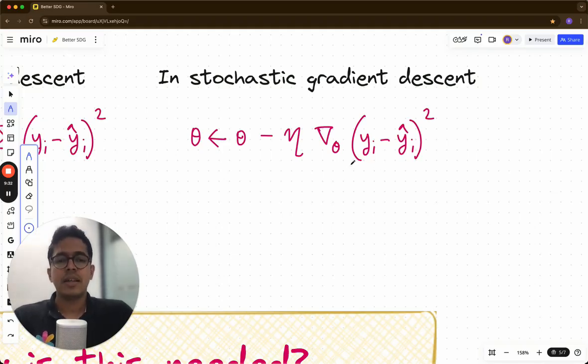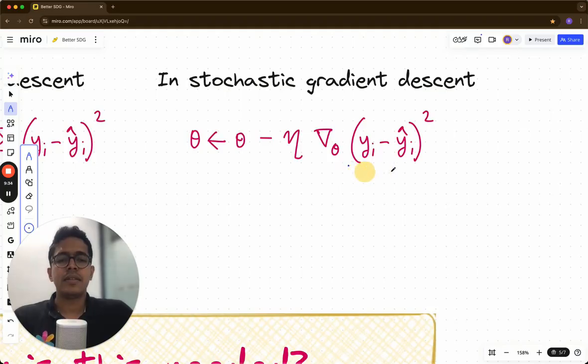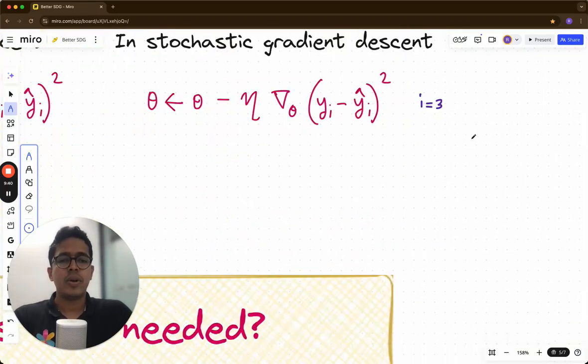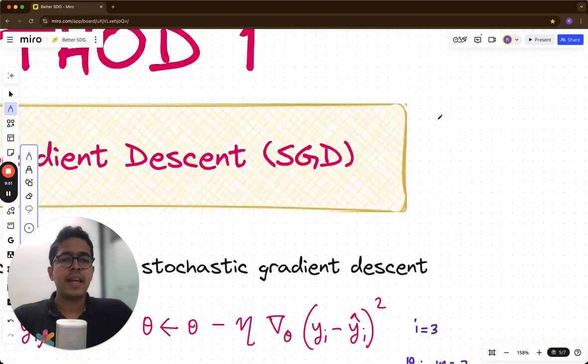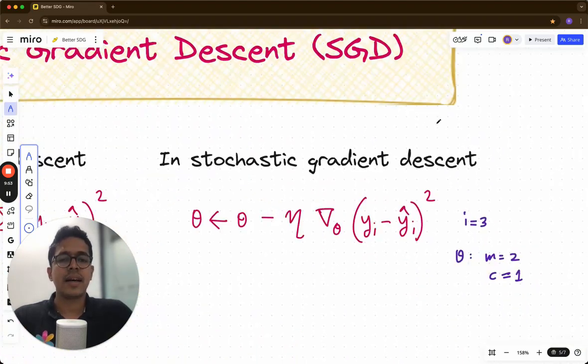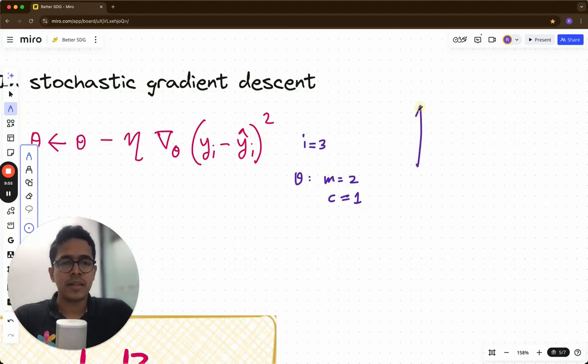So imagine that this random data point is i equal to 3. Then for i equal to 3, if your theta is such that m equal to, let's say, 2 and c equal to 1, and x_i, your data set could be something like this.